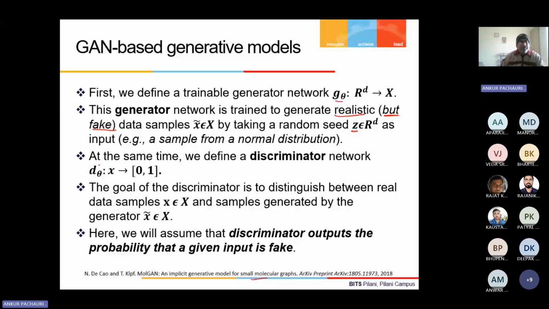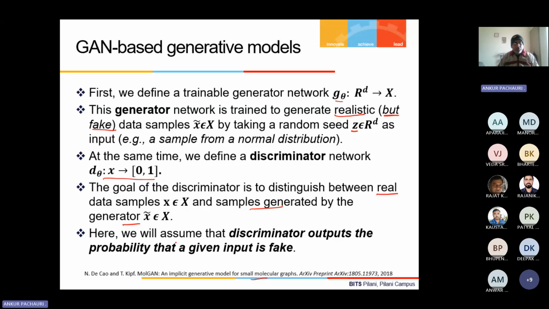At the same time, there's a discriminator network, which gives me a value between 0 and 1. The goal of this is to distinguish between the real data sample and the sample generated by the generator. So either this is generated by the generator or this is a real data sample.